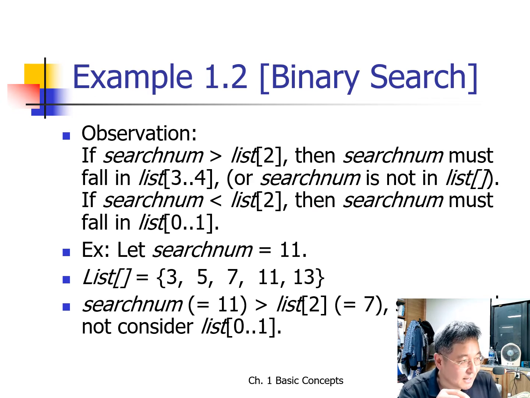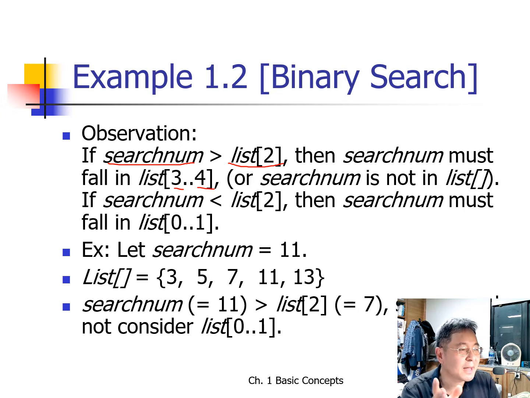Then we can say that if such number is larger than the middle data, list index 2, then such number must be located between the third and fourth list index.